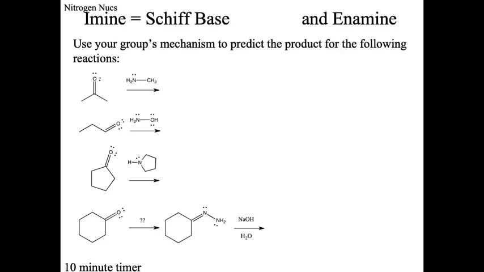Let's go ahead and take a look at the first reaction. For sure, there's the oxygen. Where's my H2? On the nitrogen. What happened to the bond between the carbon and the nitrogen? It stayed. It's still there. Is that the enamine?